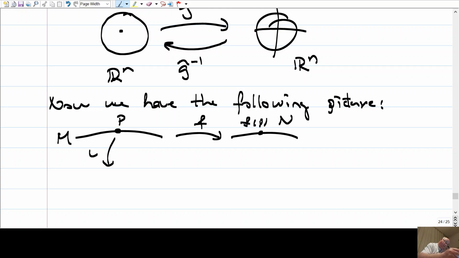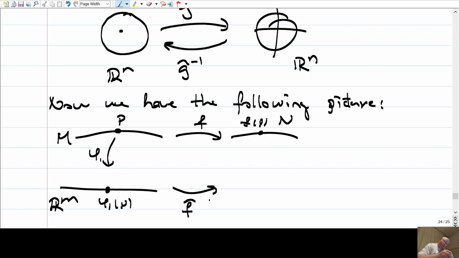I have the coordinate system into Rm, and this is phi 1p, an open subset actually in Rn. And then I have here f hat, and here I have Rn, and this is f hat of phi 1p.